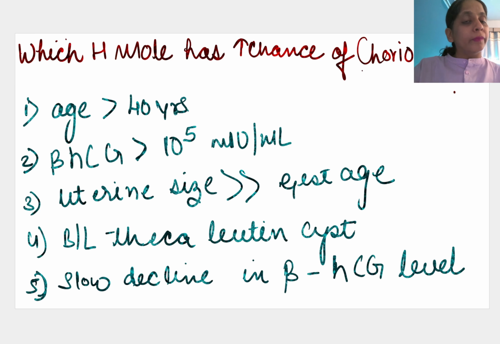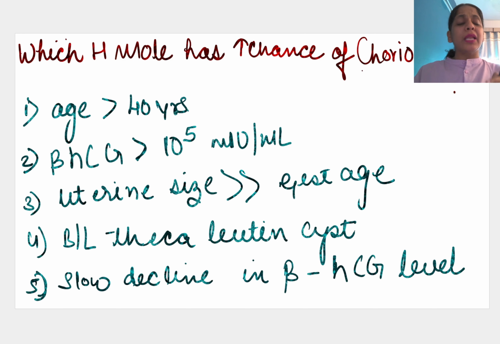When you follow up the beta HCG level, if you see a slow decline, you suspect that there are increased chances that this patient will change into malignancy. Once again, the factors: age more than 40 years, beta HCG more than 10 raised to power 5, uterine size more than gestational size, bilateral theca lutein cyst, and slow decline in the beta HCG level.